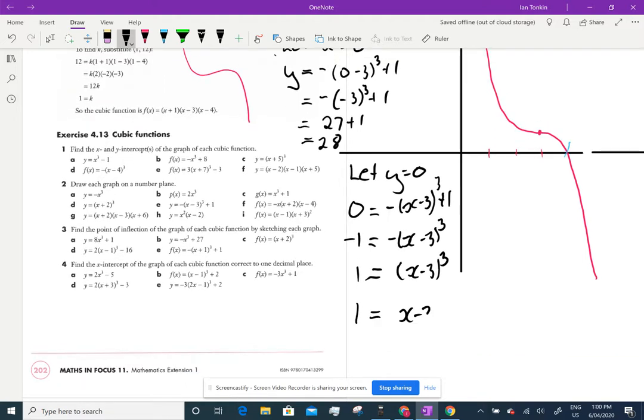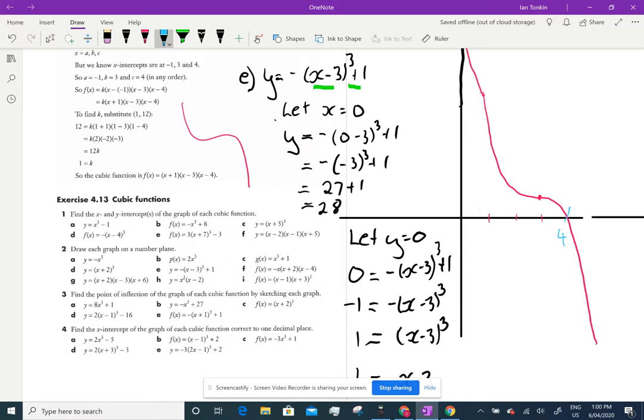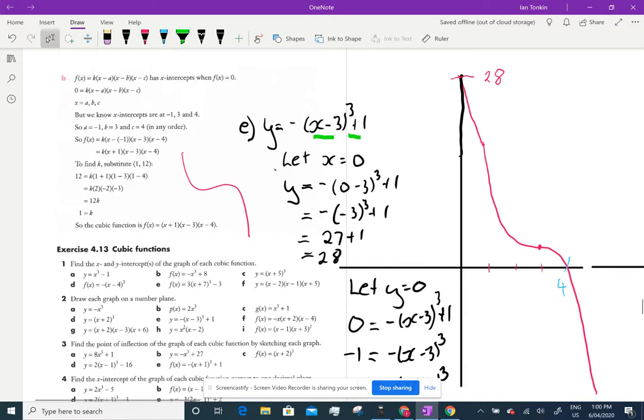X minus 3. Add the 3. 4 equals x. So this value is 4. Right. So that was a difficult one. And this point here, this point of inflection, is 1 and 3. Sorry, 3 and 1. And we've just transformed them.